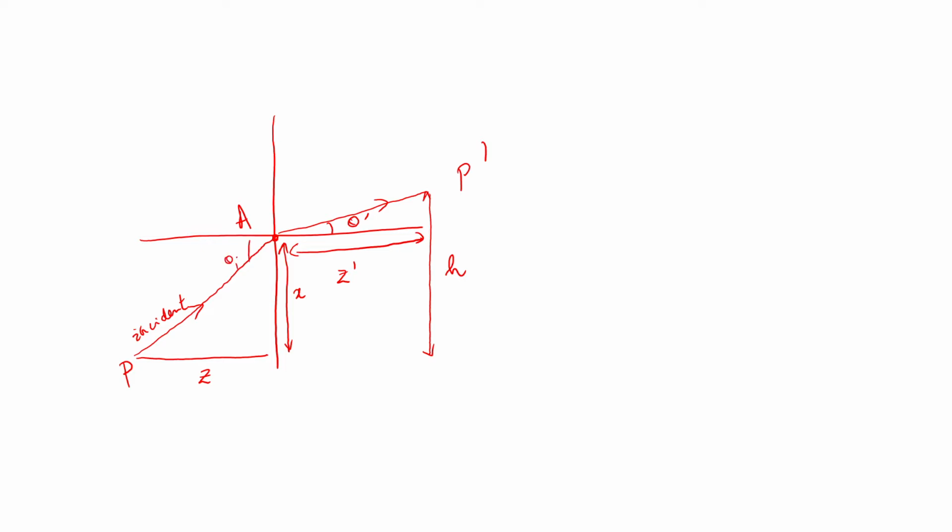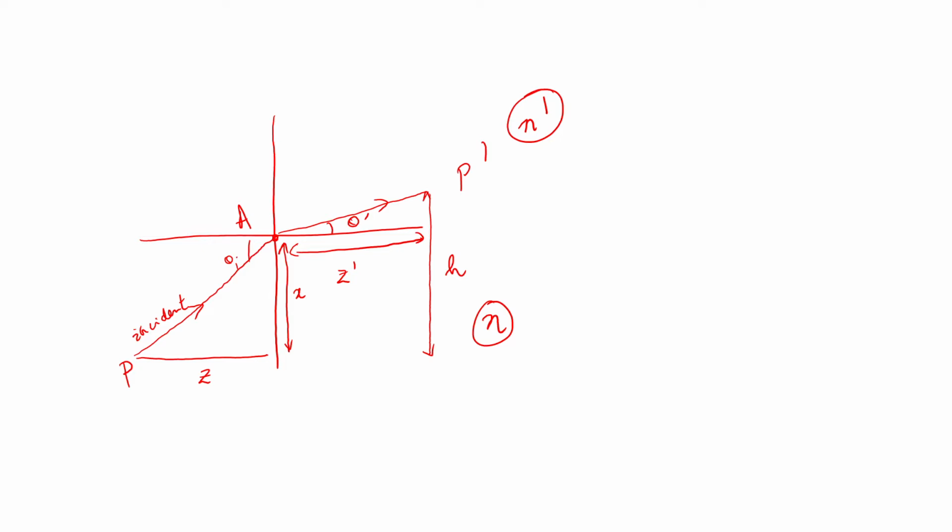So now in case of refraction, you are going from a medium of one refractive index to a medium of another refractive index, from n to n prime. So we're changing the speed of light as we go from one medium to another medium.